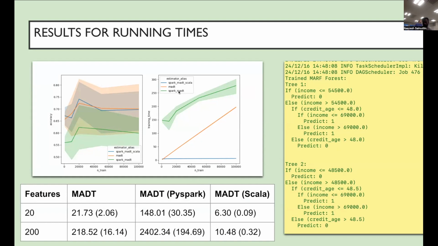And also the PySpark needs some improvement, as I said. We're still doing some iterations in computing the splits, but we are going to improve that. And we also have some running times here reflecting the same thing. Yeah. And this is an example of a tree that comes out with some simplistic data.